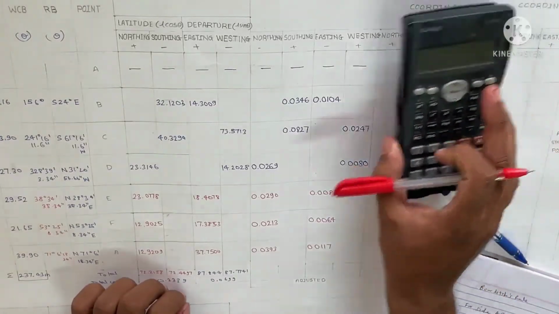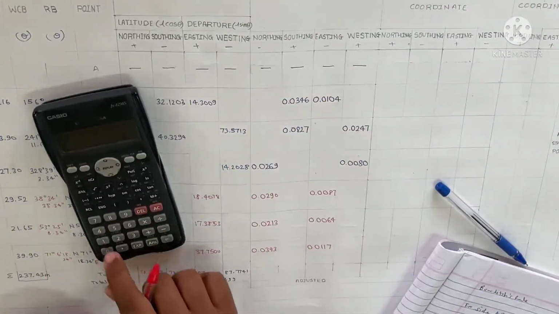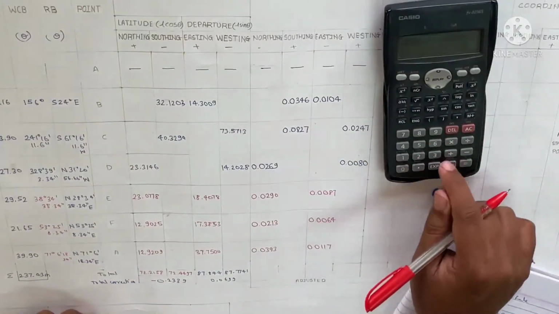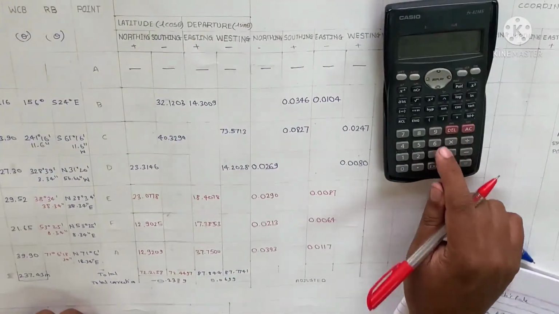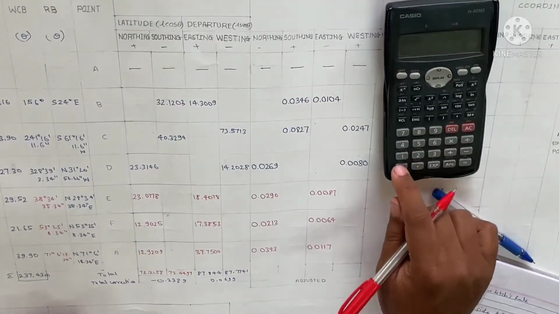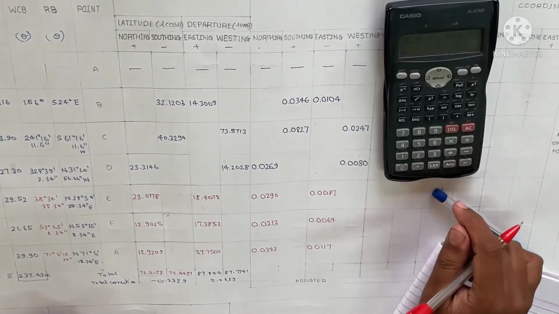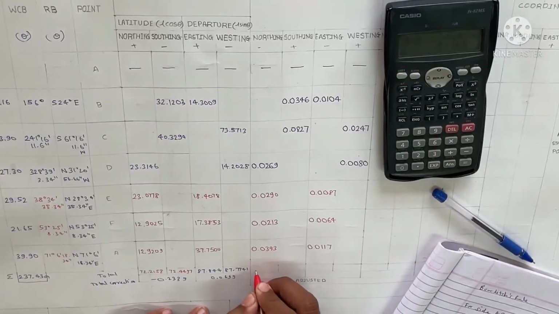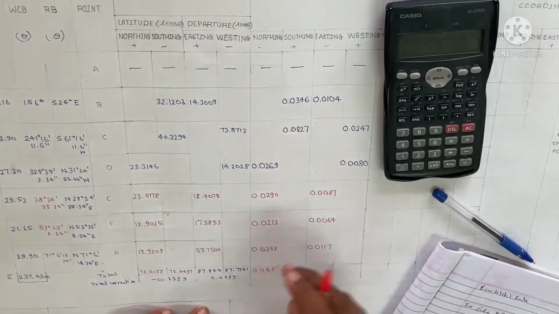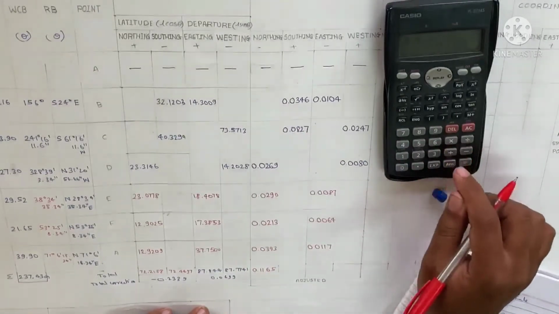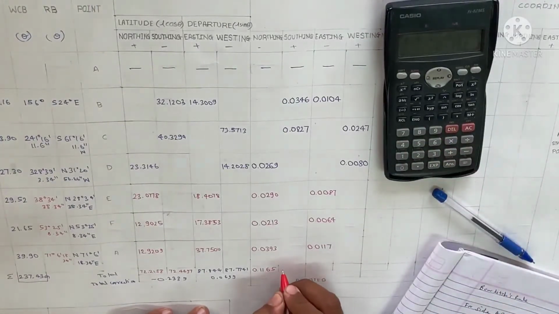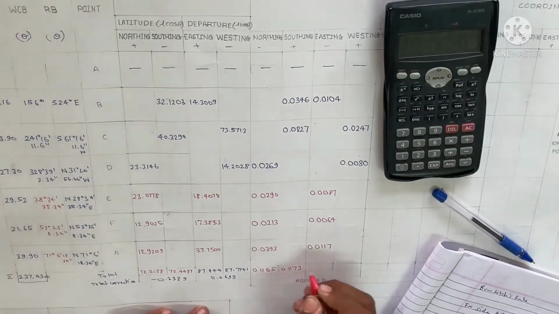Okay, so basically first of all we will go on doing the addition of this value, 0.0269 plus 0.0290 plus 0.0213 plus 0.0393, so which is coming out to be 0.1165. Summation of the southing is coming out to be 0.0346 plus 0.0827, so it is 0.1173.